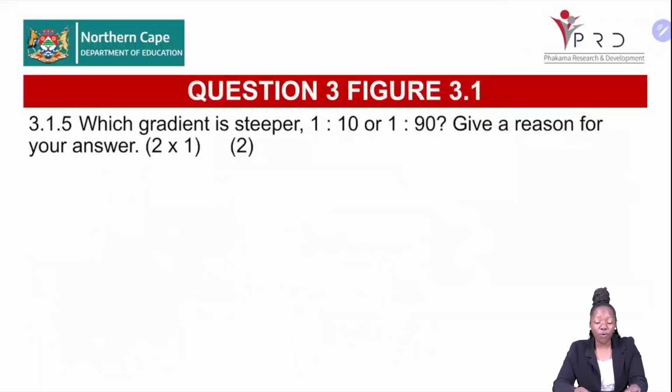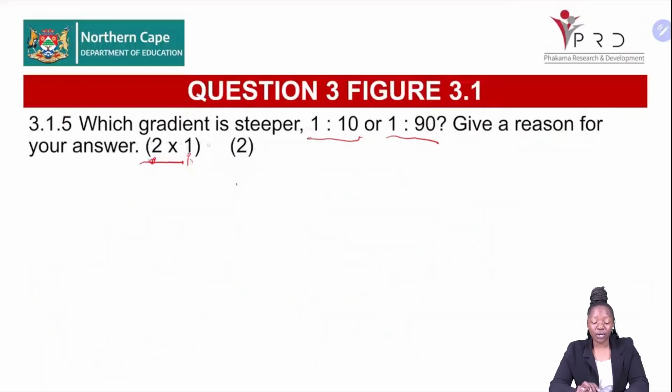Then we're looking at our question 3.1.5. Which gradient is steeper? Is it 1:10 or 1:90? This is a 2-in-1 question, hence the mark allocation is 2 times 1. It means you need to give 2 answers that will give you 1 mark each.